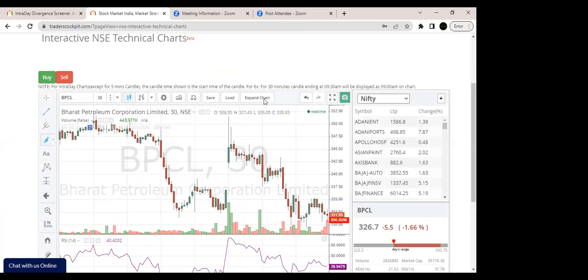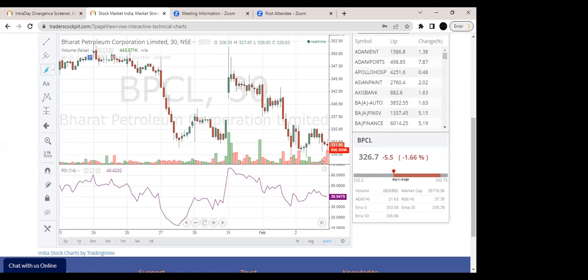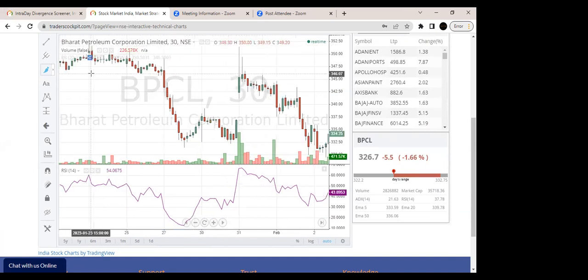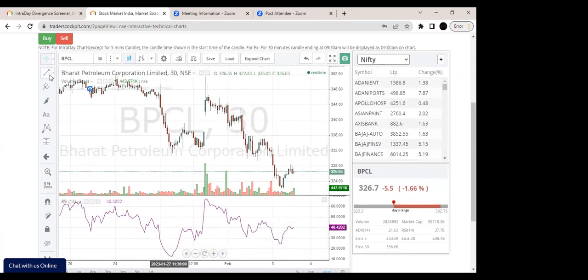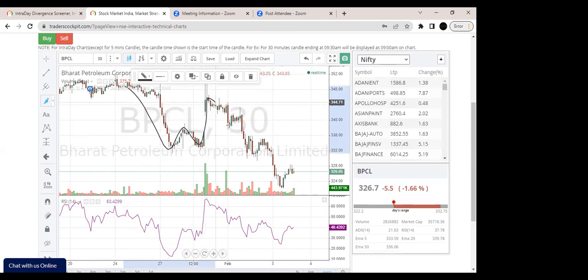Now here you can see the price is making lower lows. You guys can see here, the price is making lower low, lower high, lower low, again a high, again making a lower low, again a lower high.